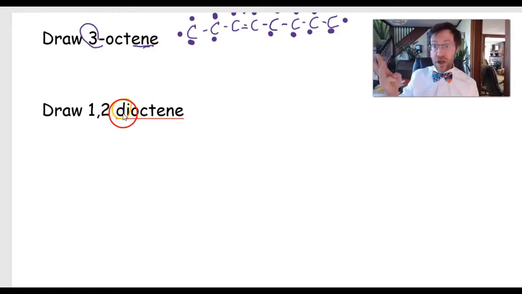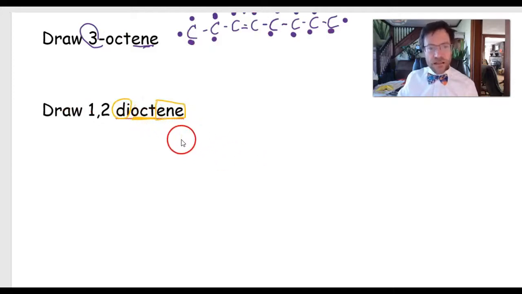Mono, di, tri, tetra, that thing. The oct means 8. Ene tells us that there's a double bond in there. So if this is octene, or 3-octene, 1,2-dioctene is going to look pretty similar.